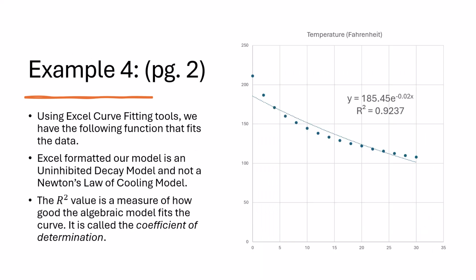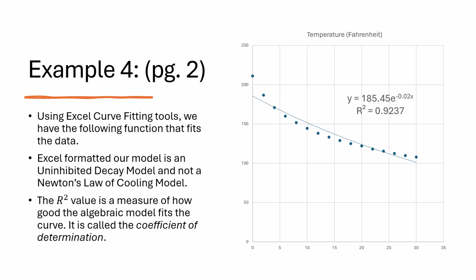When I plot the temperature, we can see this exponential curve coming through the data itself. Now, when I use Excel curve fitting tools, we have this function that fits the data: 185.45 times e to the negative 0.02x. The r-squared value is a measure of how good the algebraic model fits the curve, and it's often called the coefficient of determination.